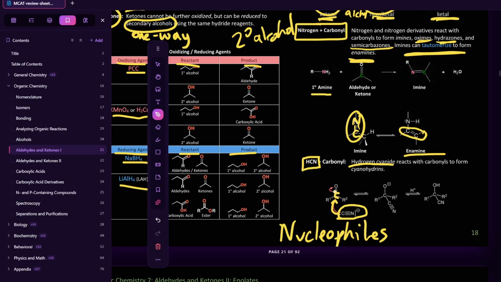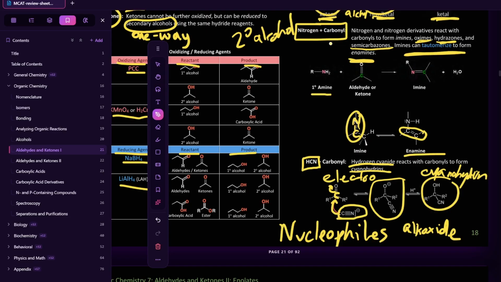That's why this arrow is going to oxygen, because the electrons are going to the oxygen. Now all of a sudden we see this oxygen is negative because it got all the electrons pushed onto it, right? And so now we have a negative oxygen here. What that forms is called an alkoxide, which then grabs a proton, and the product is then a cyanohydrin.